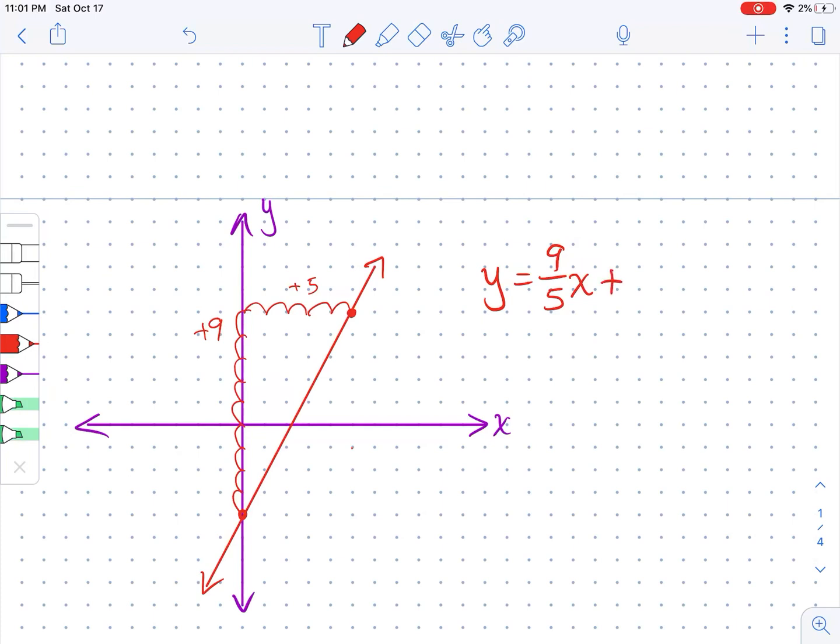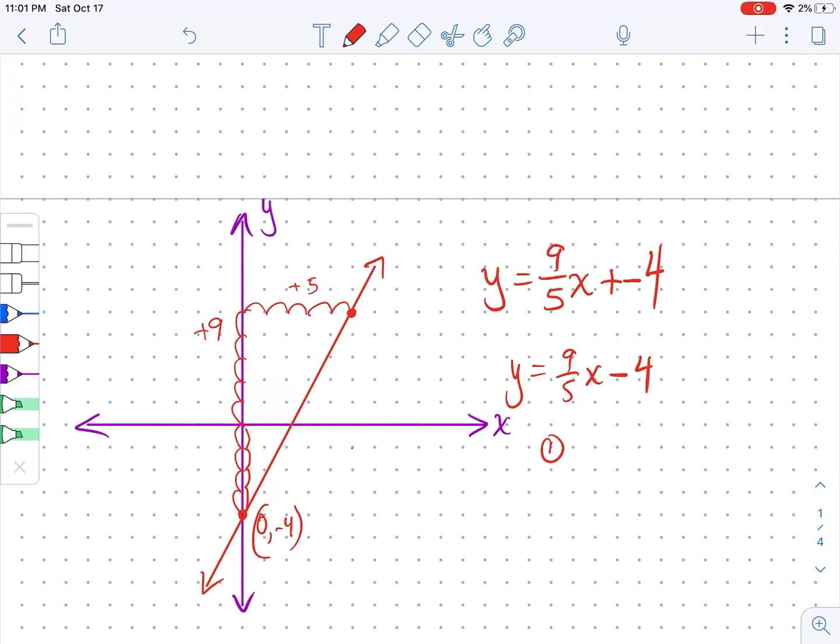To put it into the equation, I'm going to place it right next to the x. And now what is my y-intercept? This is the point (0, -4). So my b value is going to be a negative 4. So I could write this equation like that, or I could write it like this.